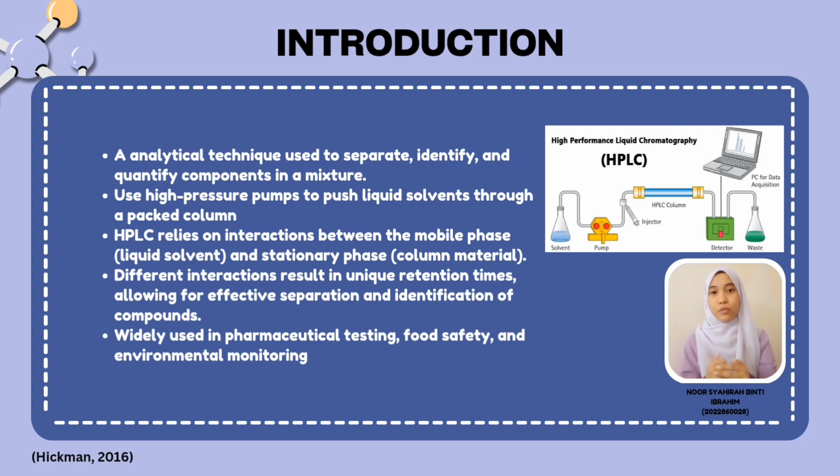This is referred to as retention time. By analyzing the retention time, HPLC can effectively separate and identify the compounds. This technique has found application in many fields, including pharmaceutical testing, food safety analysis, and environmental monitoring, thanks to its accuracy and versatility.